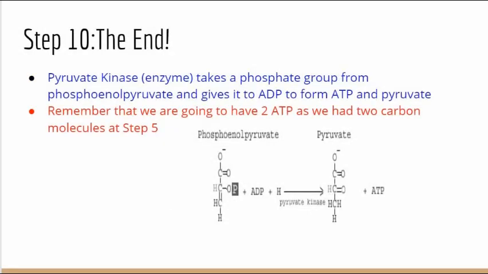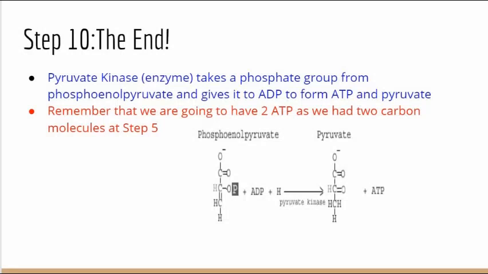Alright, so this is step 10, the last step. So we have pyruvate kinase. That's an enzyme here. It essentially takes a phosphate group and gives it to ADP, and that forms ATP, ADP to ATP. And then you have your pyruvate. So we have to remember from step 5 that we had 2 GAP.